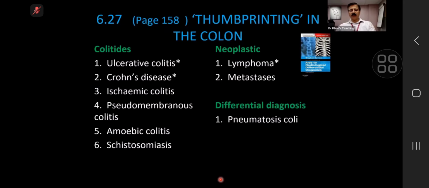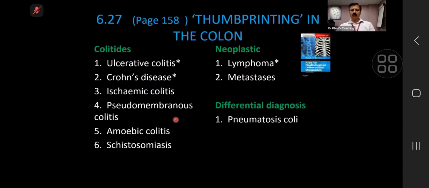Now, interestingly, this differential was there in the previous editions. I just wanted to show it to you again so that you know that this word should be in your vocabulary. And the point is that it's a non-specific finding.